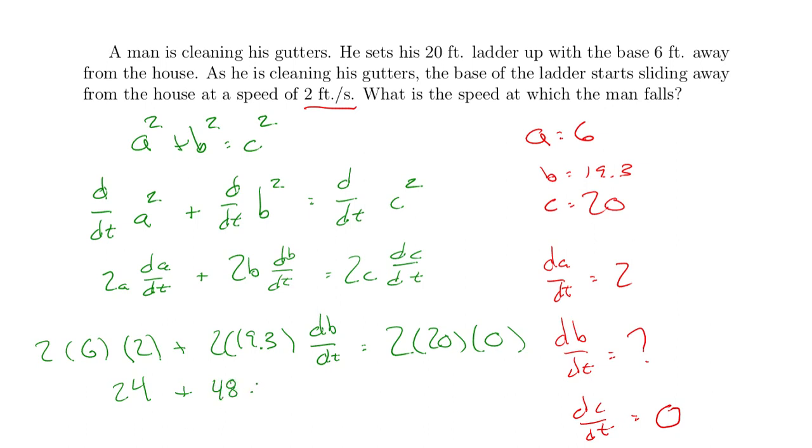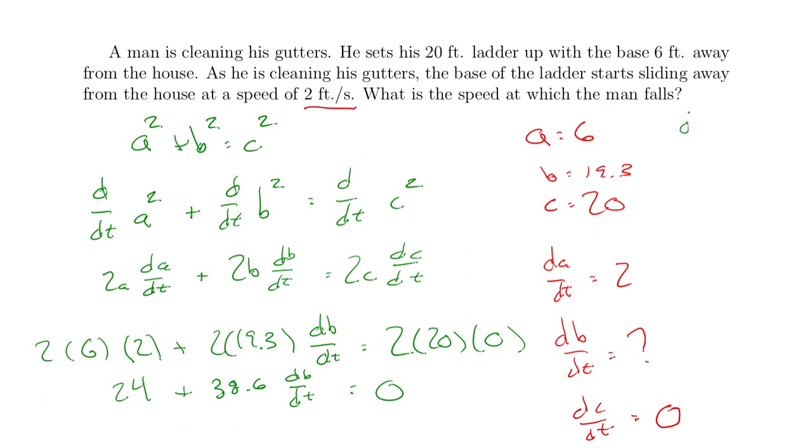Is that right? No, that's not right. It's 38.6. There we go. Times dB over dt equals 2 times 20 times 0. That's 0. Now we can solve this for dB over dt by subtracting 24 and dividing by 38.6.